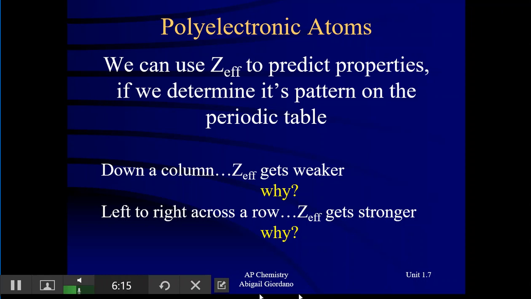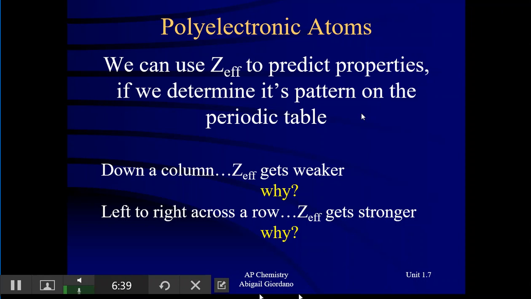Yes, we're gaining additional protons in the nucleus as we move top to bottom, but those valence electrons are moving further and further away from the nucleus, and that is a bigger deal. Distance from the nucleus is always a greater factor than the number of protons in the nucleus.